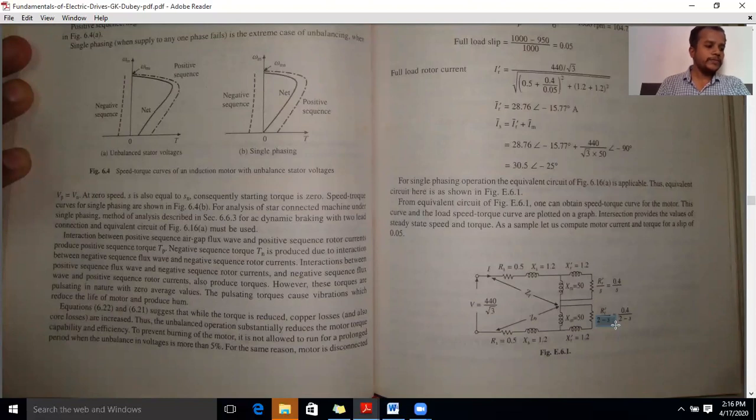So there are two slips. One is Sp, equal to S, and another is 2 minus S, the negative slip. This is the slip for the induction motor.